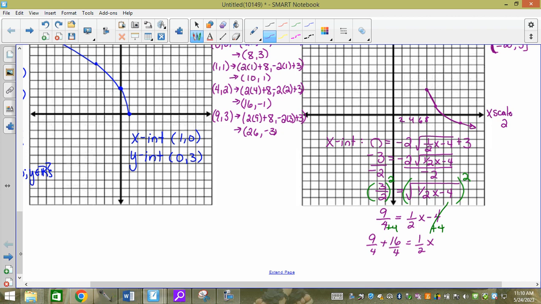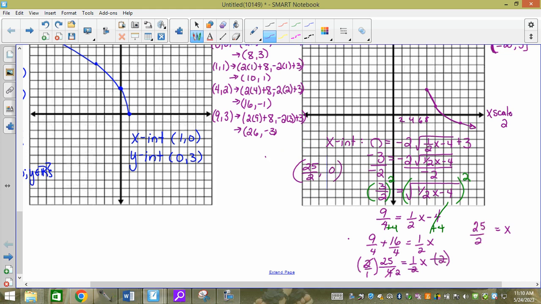So I get 25 over 4 equals 1/2 x, and then multiply by 2. So I get 25 over 2. So my x-intercept is at 25 over 2 and 0.